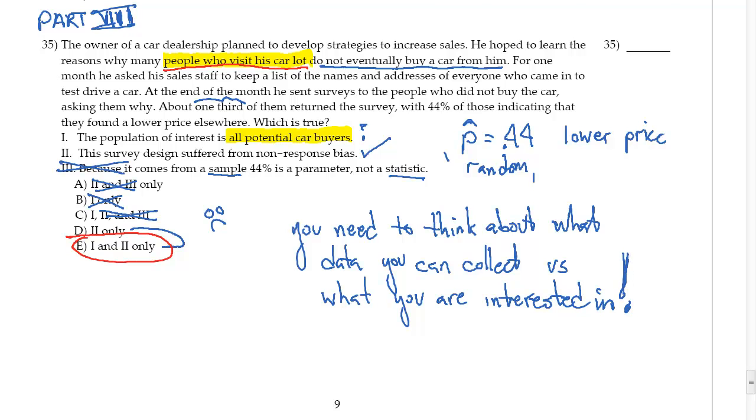Okay? So here, the car dealership is actually invested and curious about all car buyers, but he can only select people who visit his car lot to send a survey to because that's the only information he can collect. All right? So while this one gets the little question mark and it requires a little bit of inference, the true answer is going to be E. Okay?